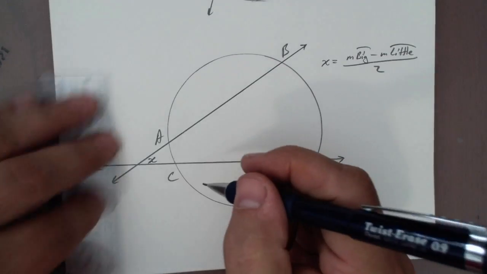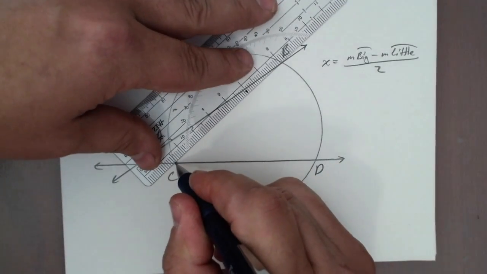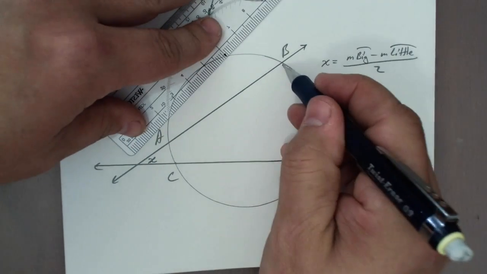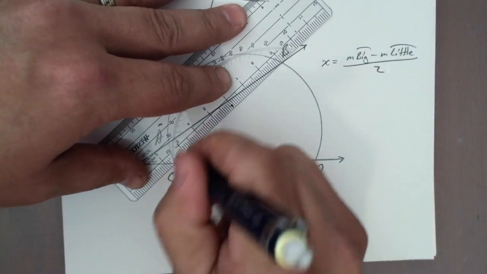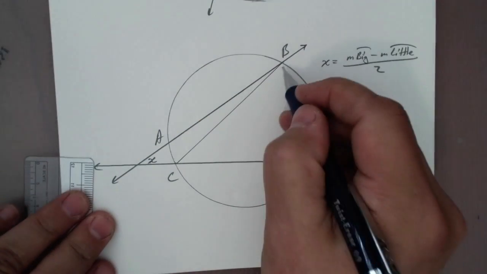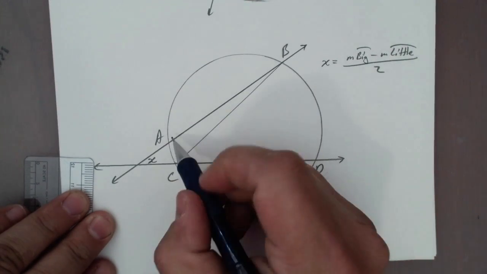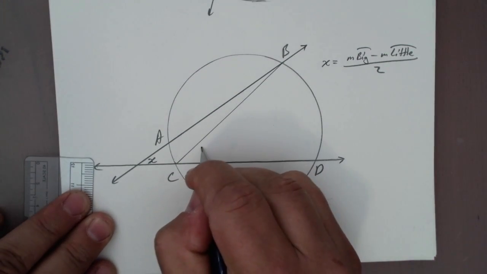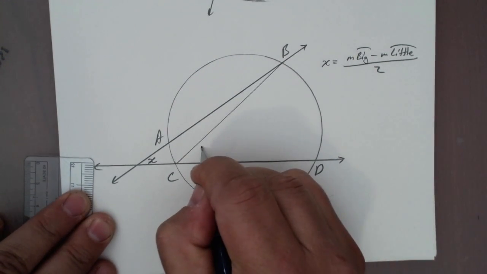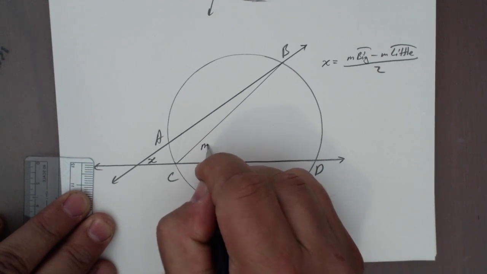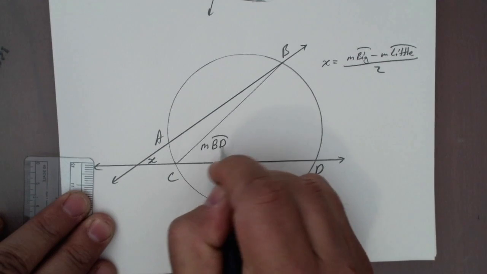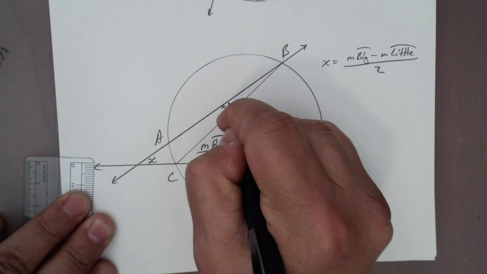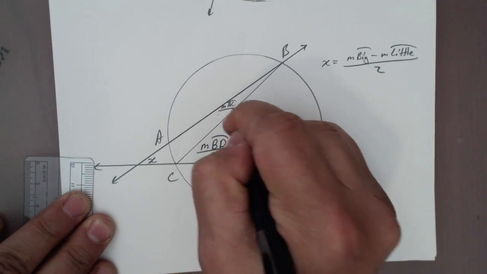So here's how this one works. If we connect C to B, and you could do AD also, but if you connect the diagonal one, we create an inscribed angle ABC and an inscribed angle BCD. Now we know this one is half of our big arc. So this is half of measurement of BD. And we know this one is half of our little one, measurement of AC over 2.